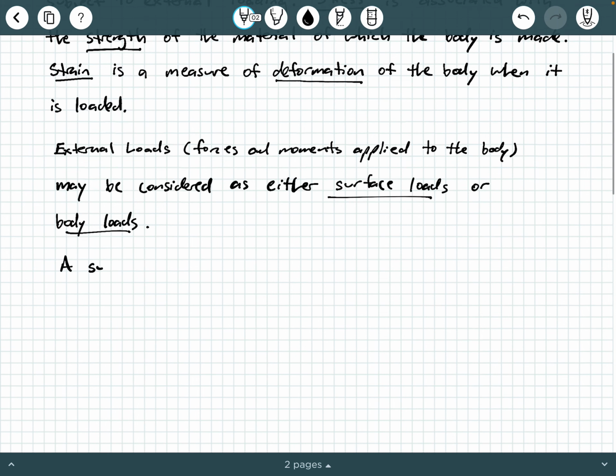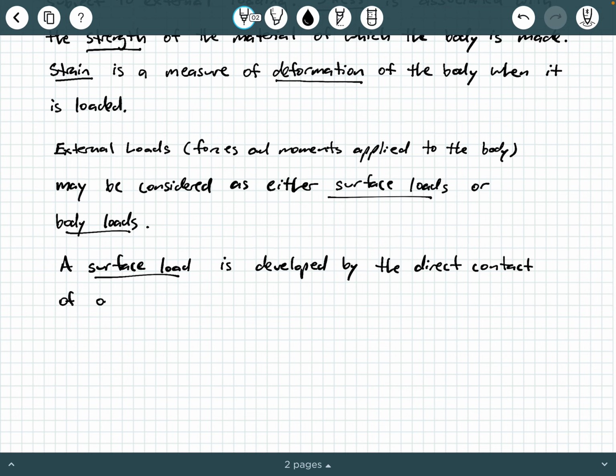A surface load is developed by the direct contact of one body with the surface of another.